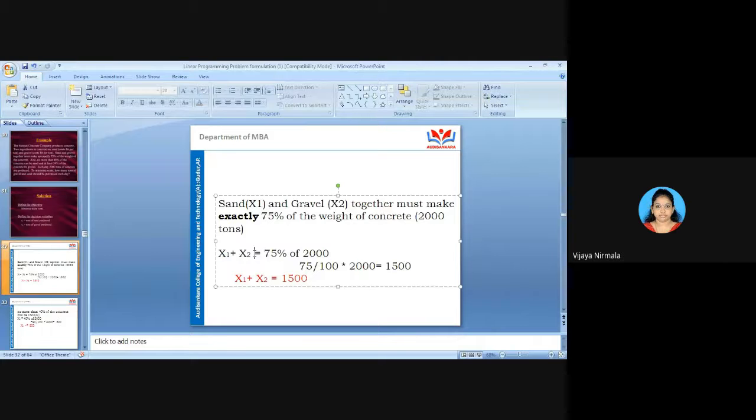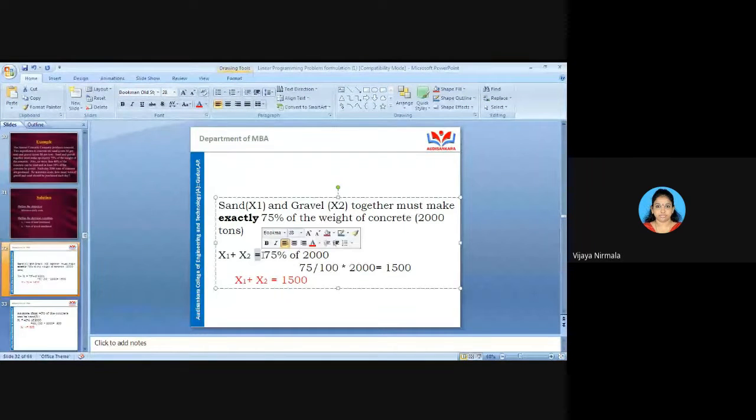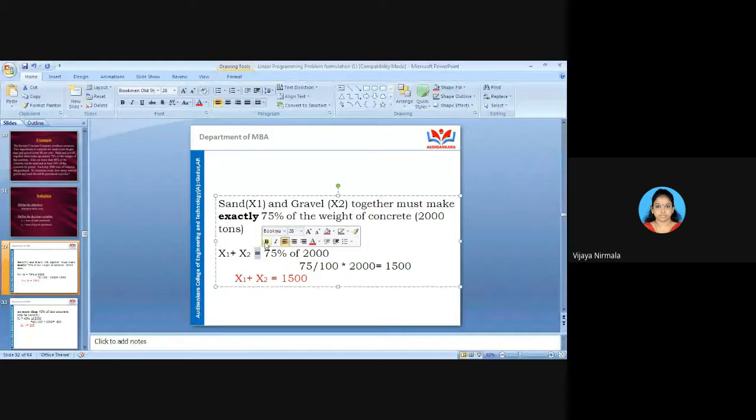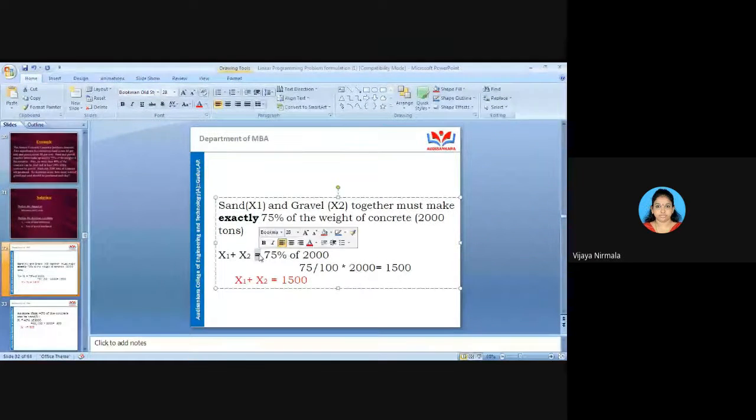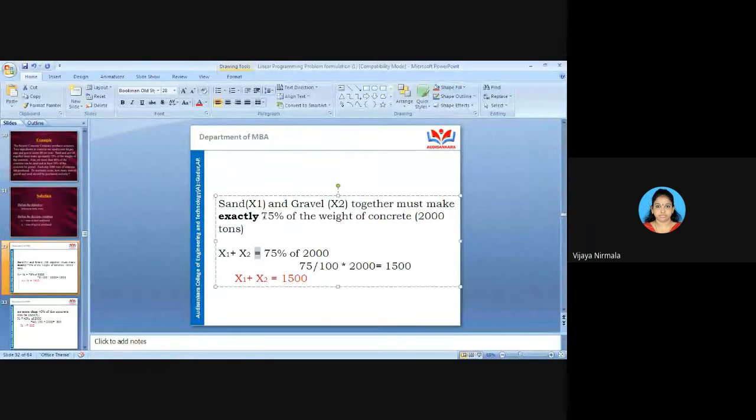Exactly in the sense you should use equal to. It is not less than or greater than. In the problem it is not given that it is greater than or less than. They have said that together they must make exactly. So x1 plus x2 is equal to how much they said? 75% of the weight of concrete.